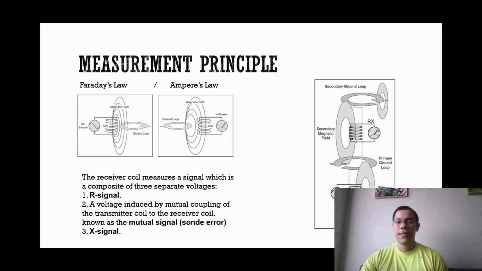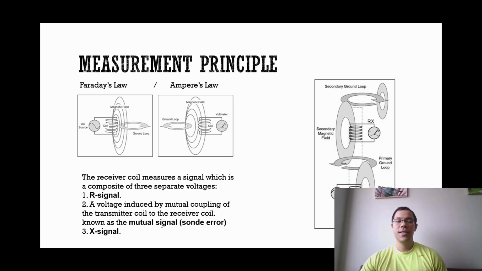This represents the formation properties. This is what we want. This is how we get the information. This is our R signal. But it turns out that what the receiver actually reads or sees is a bunch of other signals.